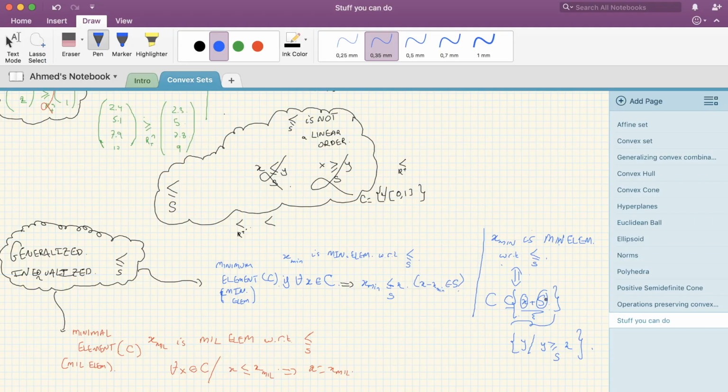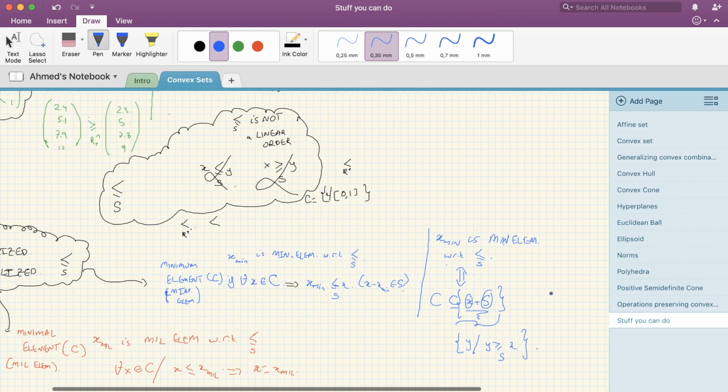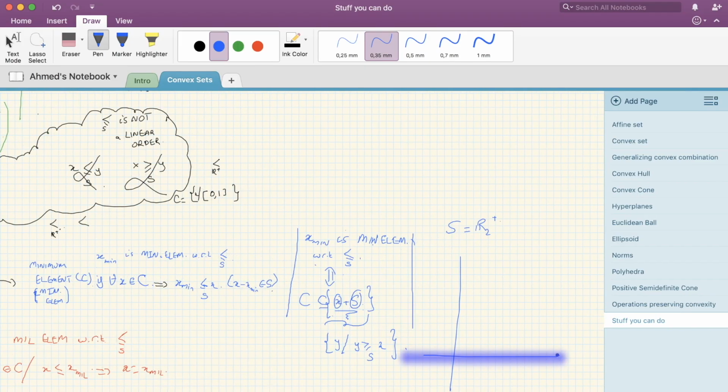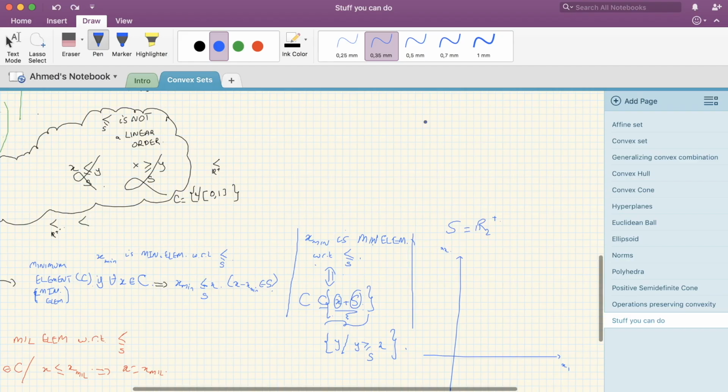Now an example would be the following. If I go ahead and restrict my S, so this is my x1 and this is my x2, and since we're talking about R2+, then we're in the first quadrant, right? So if I go ahead and shade it, it will look something like this.